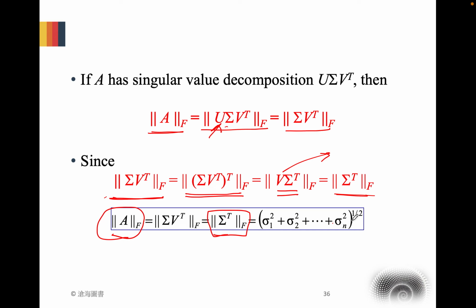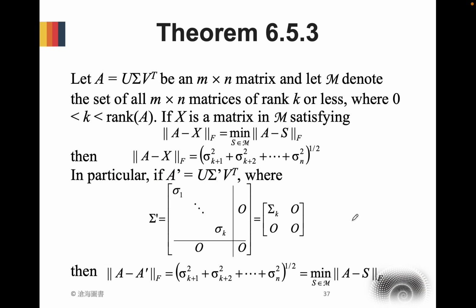Okay? Right? So this is very interesting. So now, from theorem 6.5.3, A is an n by n matrix and we can do the SVD, and M is the set of all n by n matrices of rank K, where K is between 0 and R, the rank of A. Okay.